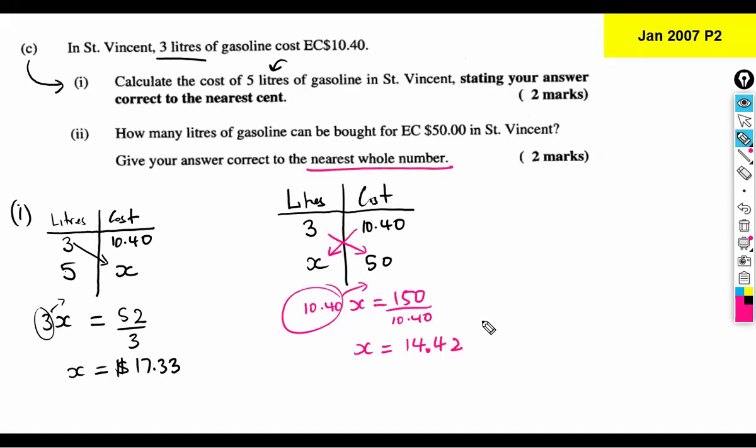Now they said to the nearest whole number. So this is 14 liters you can walk out with. It's not 15, eh? If it was 14.5 or more, then fine, you're welcome to get the 15. So look for a mistake.